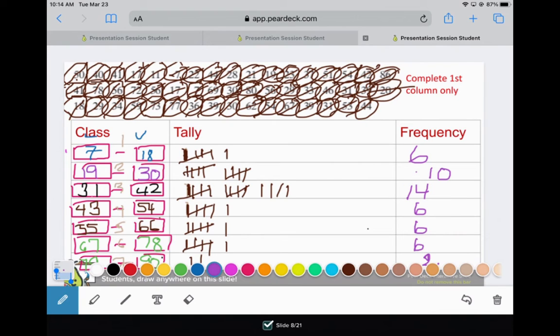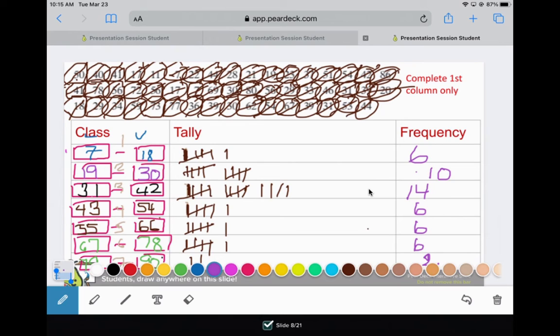All right, before we move on, I'm going to ask you guys to ask me questions. Do we want to do another example with this one, or no, I'm good? Because I think for the tally and the frequency it's okay. Which part do we want to go over?